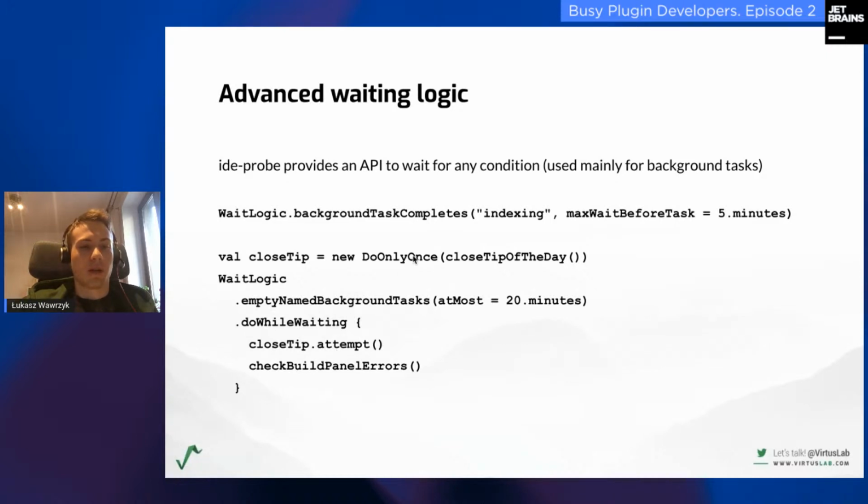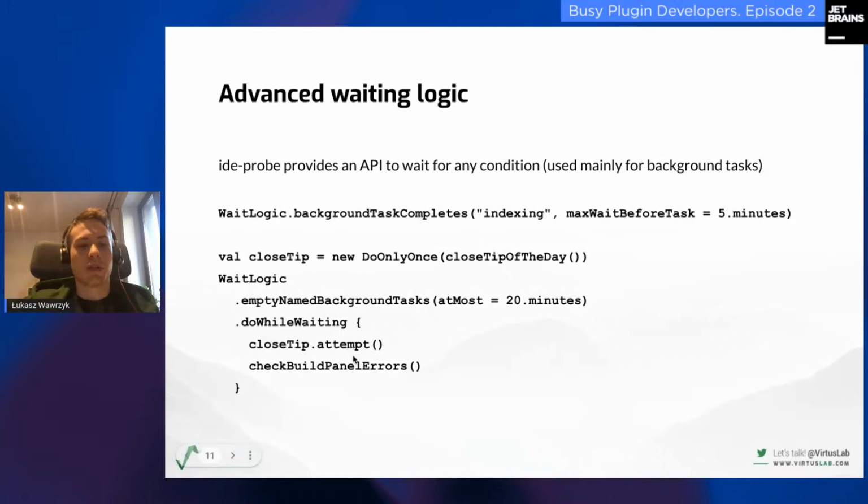So I use this utility class. And we also check for build panel errors. So while importing, while we're waiting for the background task to finish, in the meantime, we can detect that in the build panel there is some error and the import would actually fail. So we can report this error and throw from here an exception that something is wrong with the import.